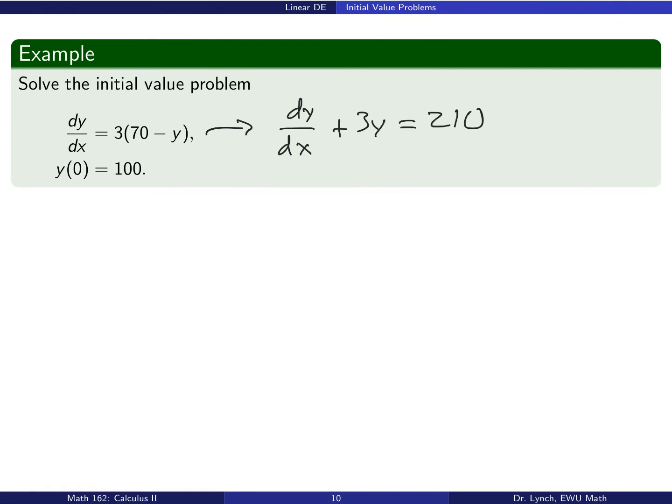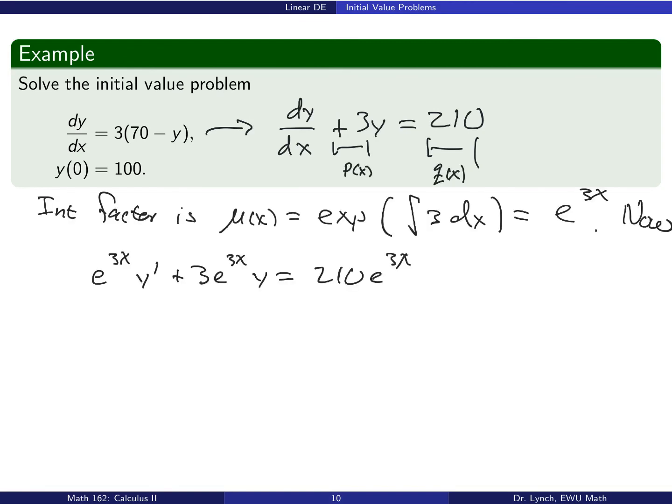So here's our differential equation written in first order linear normal form as dy/dx plus 3y equals 210. Now, we know that our p of x here is going to be 3, our q of x is 210, so our integrating factor will incorporate that p of x.